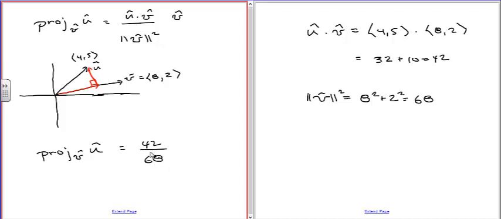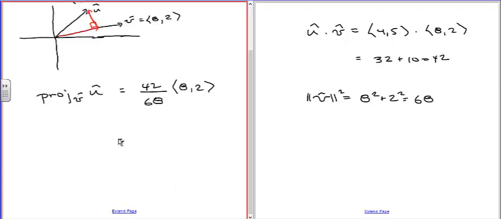And you can see this number is less than 1. And then you multiply that by vector v. And I want you to go ahead and multiply this out. Do it as a fraction. So you might be able to simplify this, but let's just multiply it out first, and then we'll simplify it once we get it inside the vector.